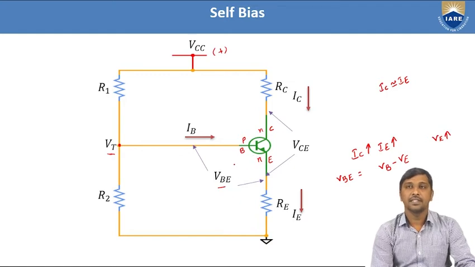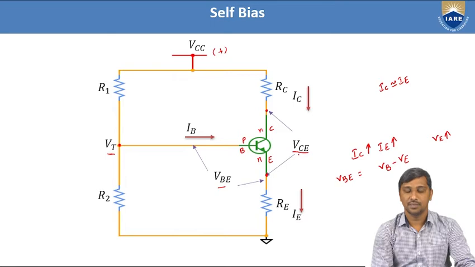Depending on this biasing principle, a potential difference is generated between base and emitter, represented as VBE. Similarly, at the output side, the potential difference between the collector and emitter terminals is represented as VCE.